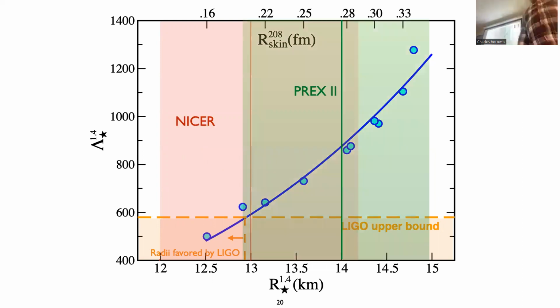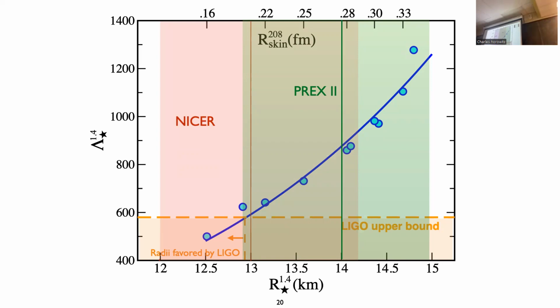And now we can put in PREX, the skin in lead is around 0.28 Fermis, that's the neutron minus proton radii. And so that, according to the density dependence of these functionals, suggests a slightly stiffer, higher pressure equation of state. And the simplest interpretation is 14 plus or minus 1 kilometers.